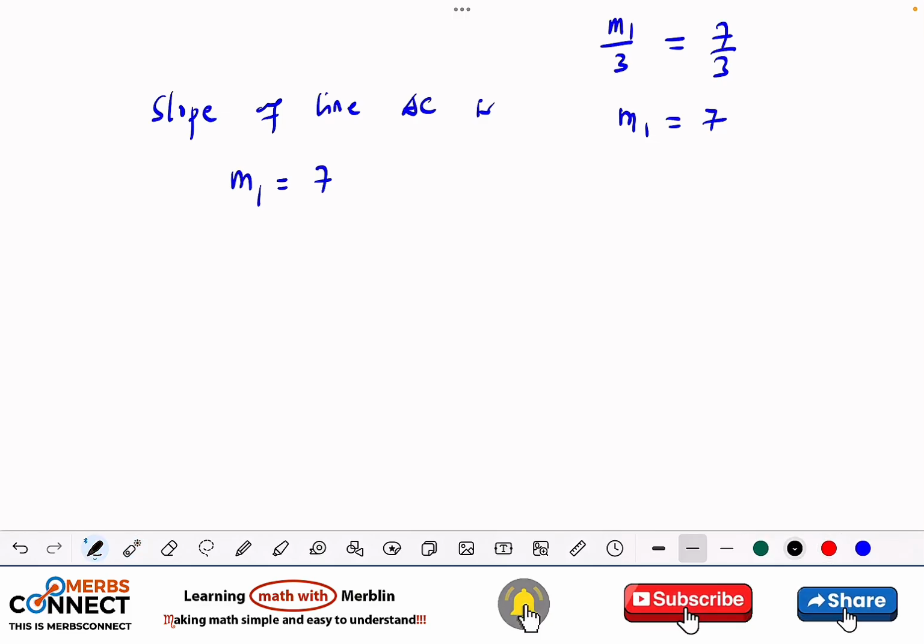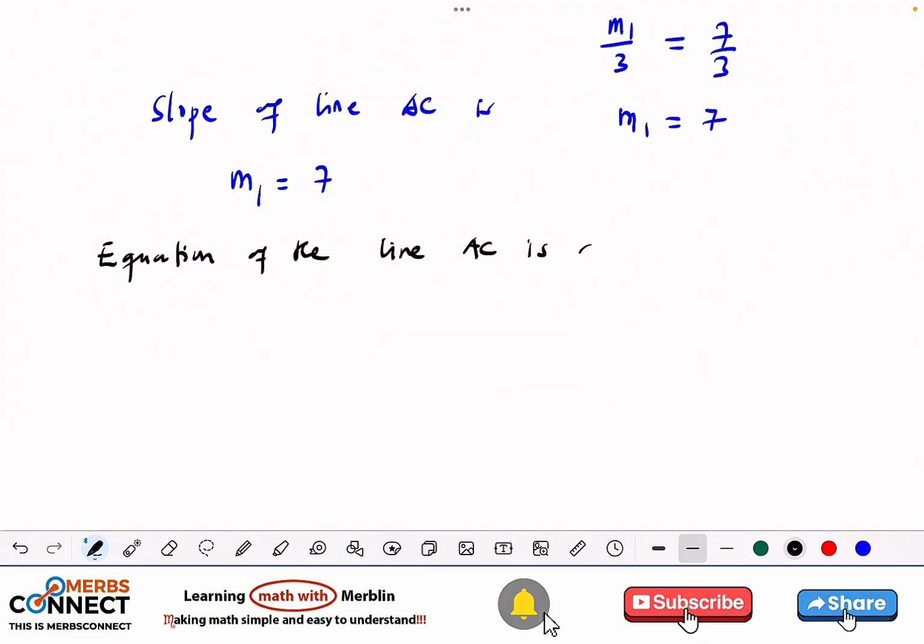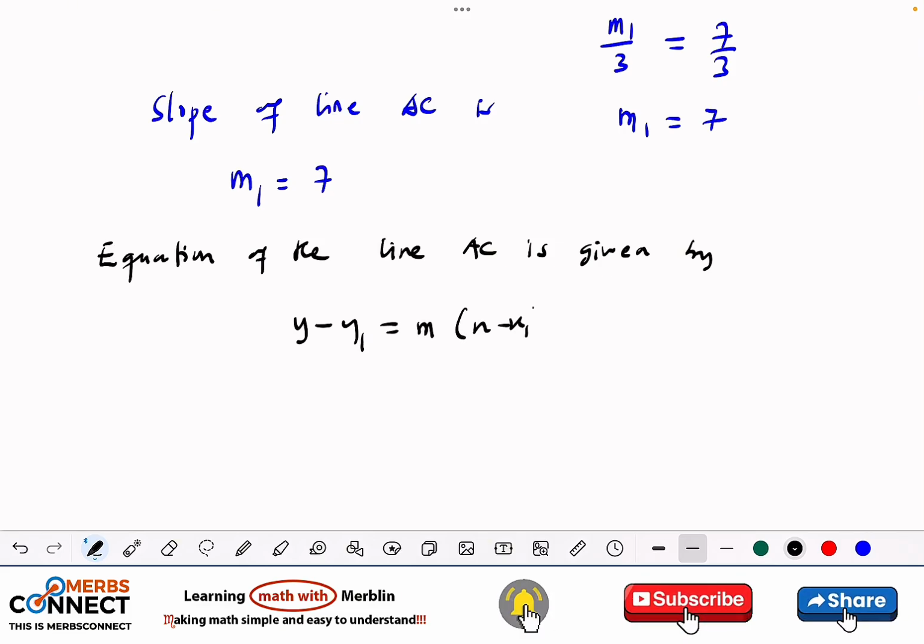So the equation of the line AC is given by y minus y1 equals m times x minus x1. So remember, the slope is 7, and then the point is minus 2 and 3, right?